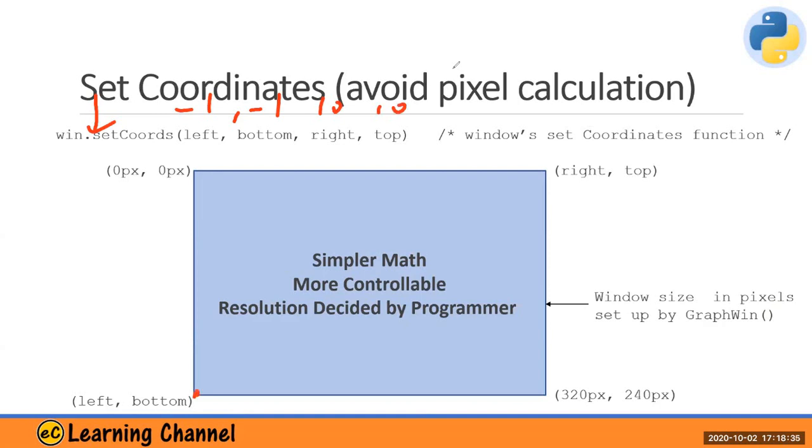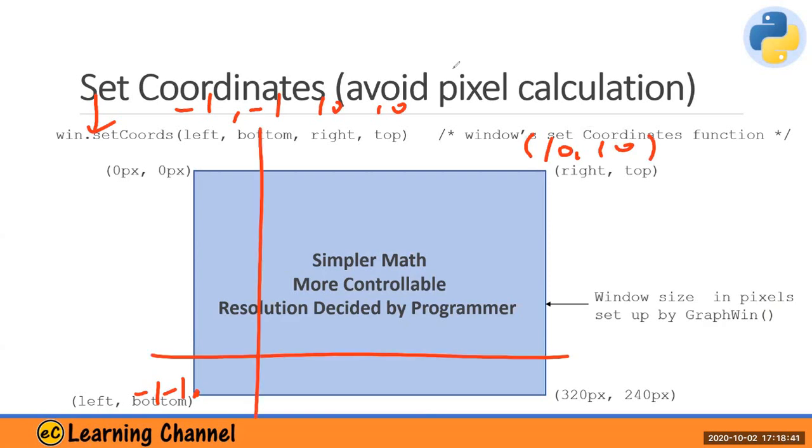Here will be -1, -1, and here will be 10, 10. Next time when you draw something, you will have 0 to 10, 0 to 10 to use. If I want to draw a point, say 3, 3, you directly use 3, 3 and it will be drawn on that point. Is that okay? So set coordinates adjusts the coordinates of the window.